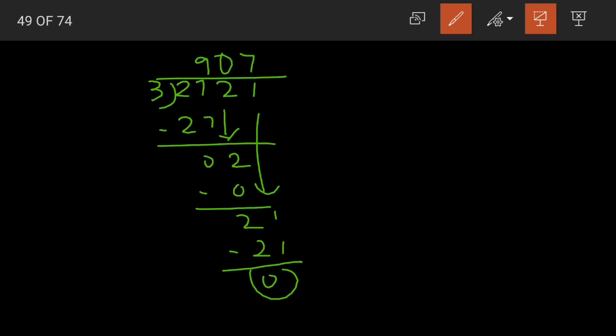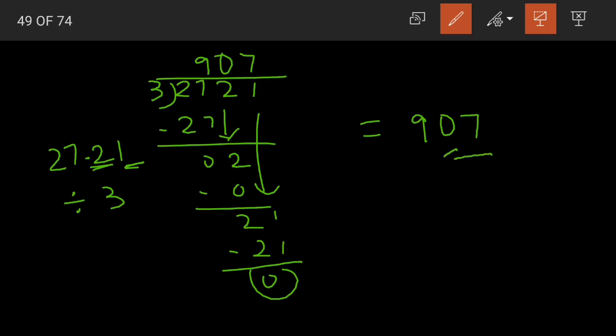What is the quotient now? Our quotient is 907. But is this the correct answer? No. Our question was 27.21 divided by 3. We have 2 decimal places here. How many decimal places? 2 decimal places.